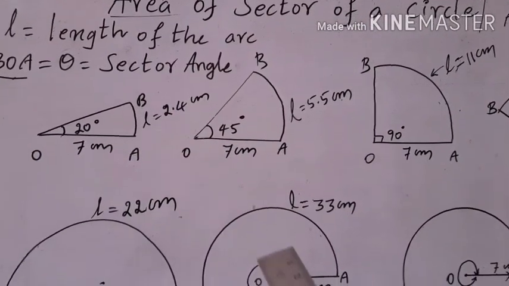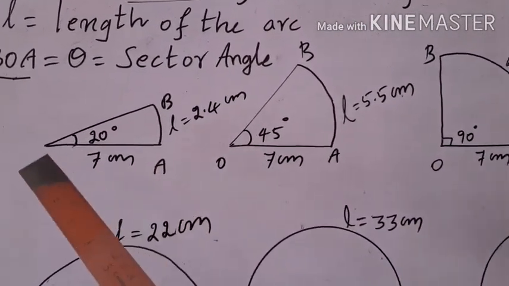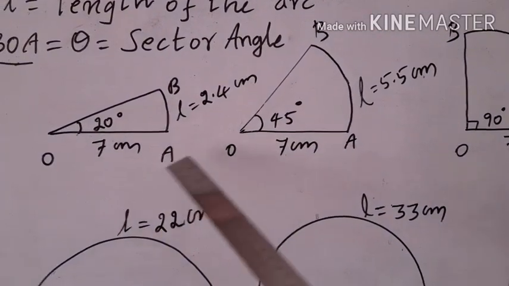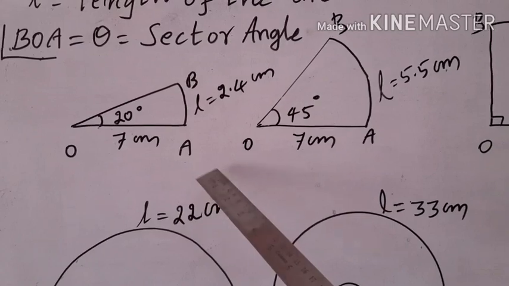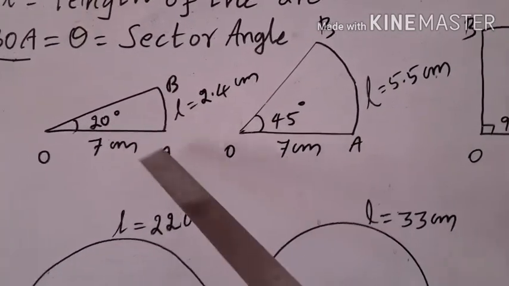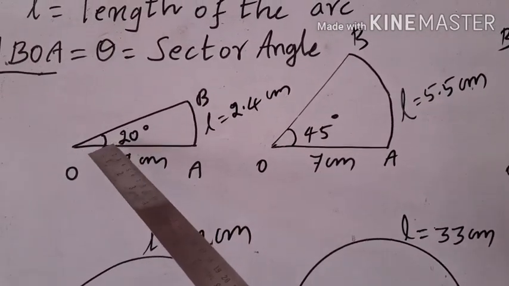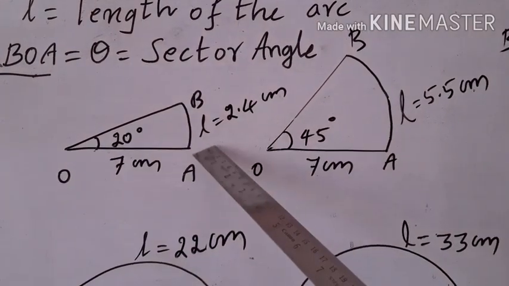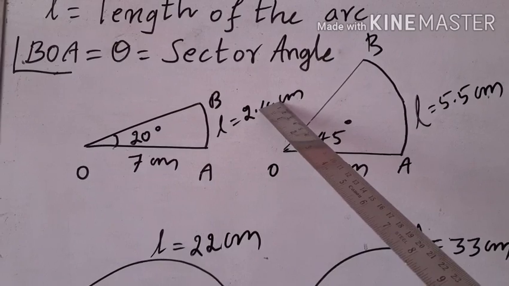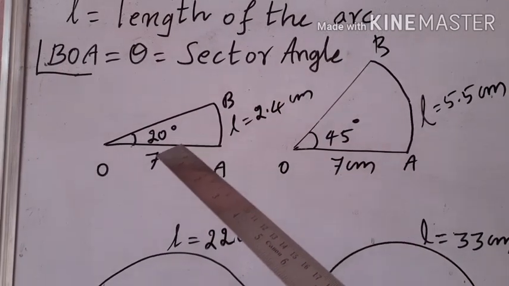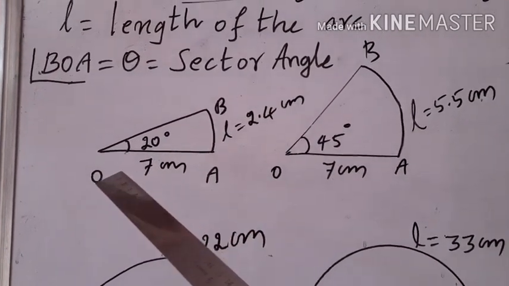Let us look at these sectors. Here, sector OAB has radius 7 centimeter, sector angle 20 degree and arc length L equal to 2.4 centimeter. We know what a sector of a circle is.